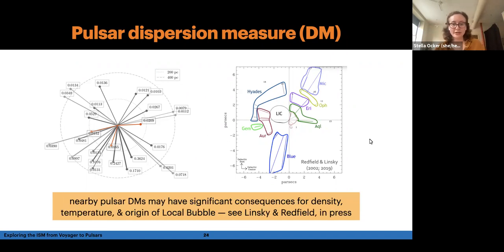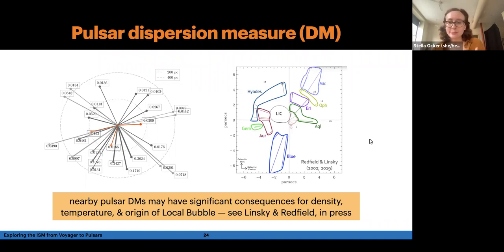And in particular, there's been some recent work on the structure of the local bubble, which has indicated that pulsar DMs can provide a really important independent estimate of density. In particular, the local bubble refers to this supernova cavity surrounding the sun that's around 200 parsecs-ish wide. And it was originally believed that the local bubble was filled with million-degree, very low density gas.